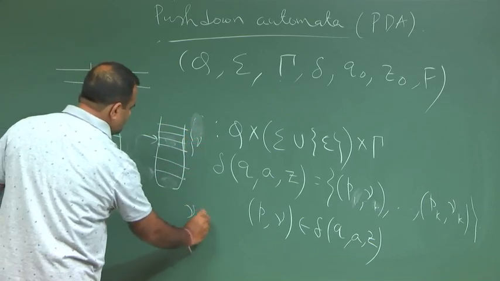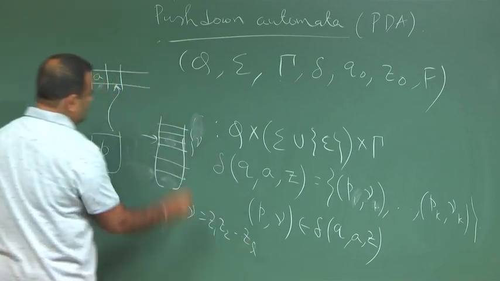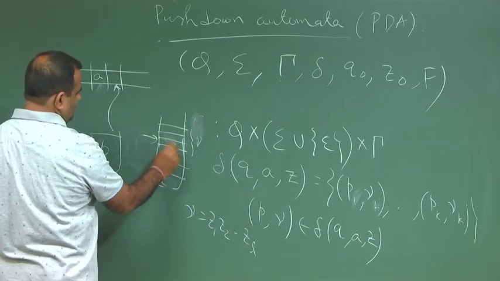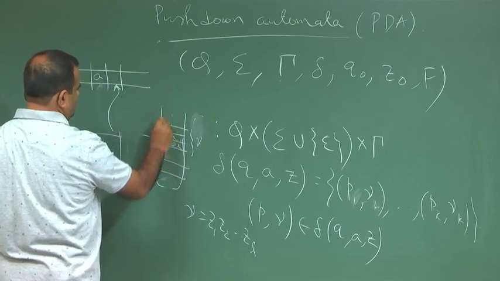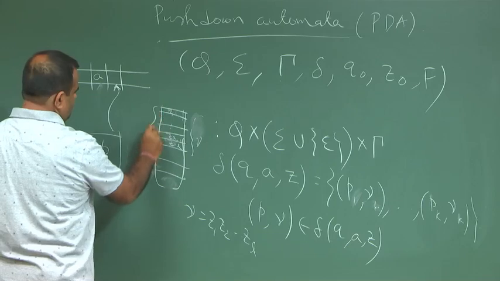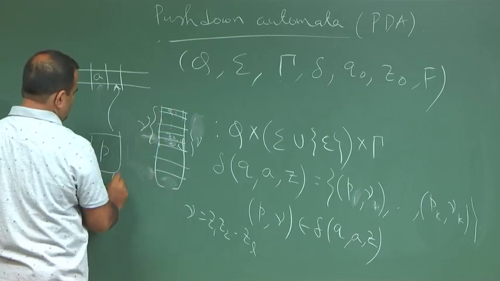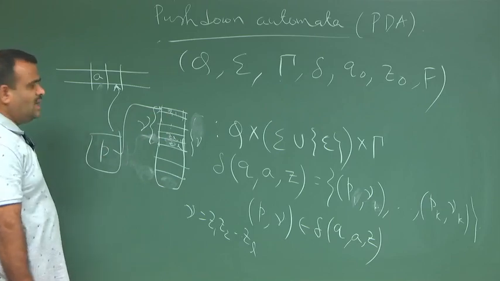Gamma consists of some Z1, Z2, up to ZL, so ZL, ZL minus 1, and so on down to Z1. This is our gamma, and after that it will point again to the top of the stack.